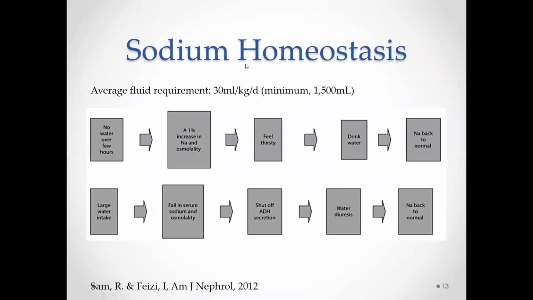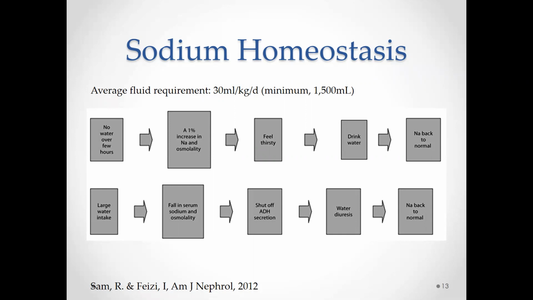Our body maintains sodium level mainly by taking in water, just thirst. The average fluid requirement is about 30 cc per kg. Sounds familiar, right? The minimum is 15 cc per kg per day. If we don't take enough water by mouth or any other means, parenteral, the osmolarity will increase.